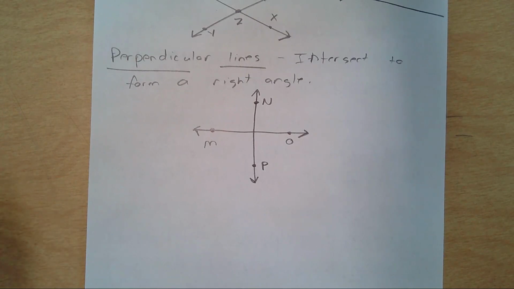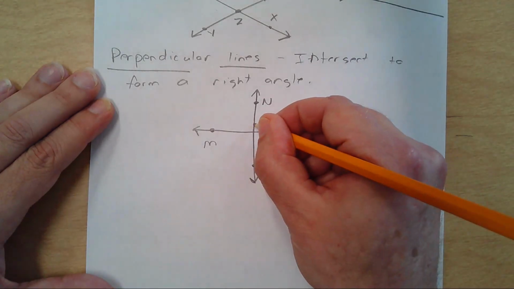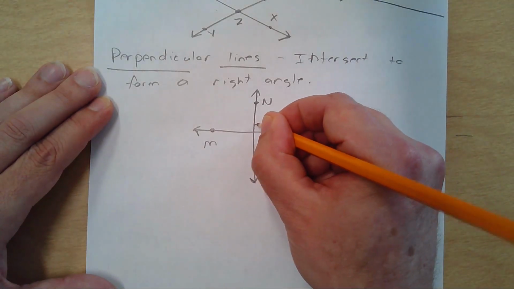First off, form a right angle. Right angles have a specific symbol. Does anybody know what the right angle symbol is? It's this box right here, like this.